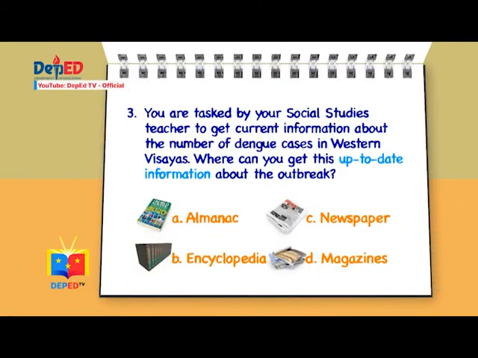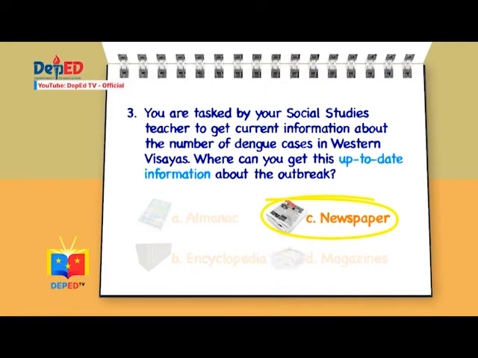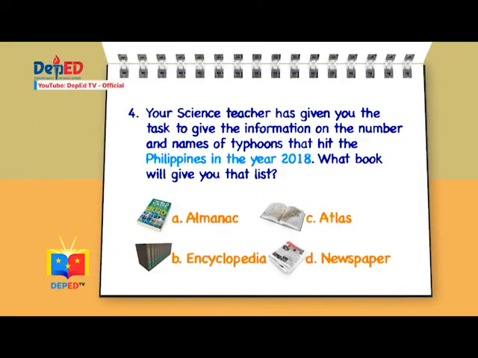You are tasked by your social studies teacher to get current information about the number of dengue cases in Western Visayas. Where can you get this up-to-date information about the outbreak? Answer, letter C, newspaper.